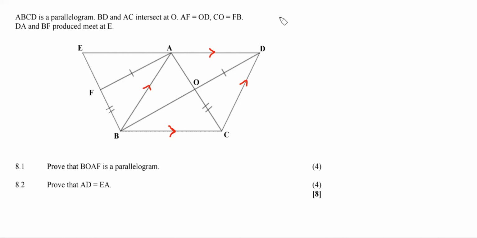So here, we want to prove that BOAF is a parallelogram. What are we going to do now? In this case, we're going to say BO will be equal to OD.